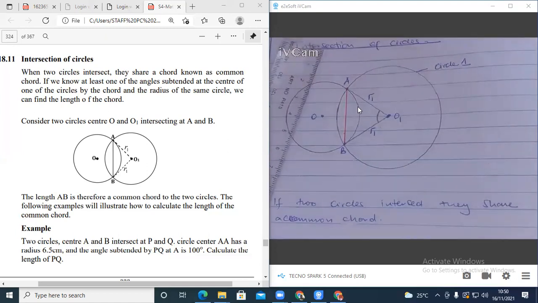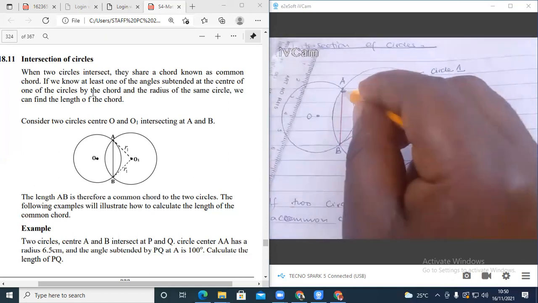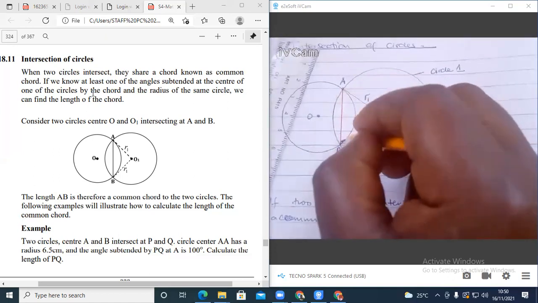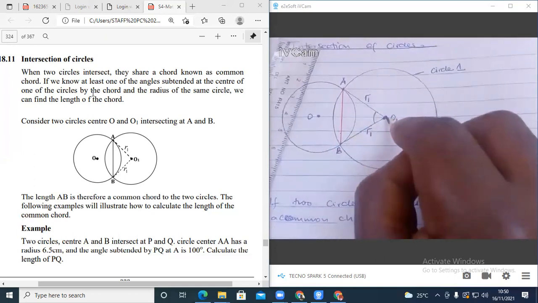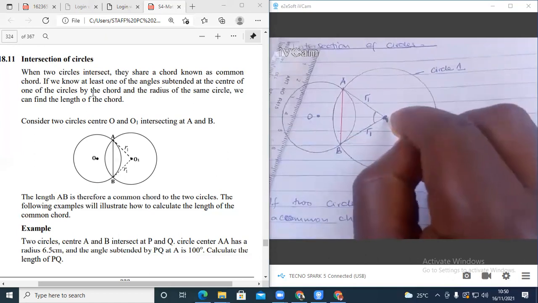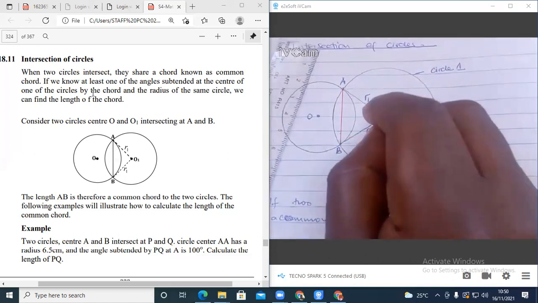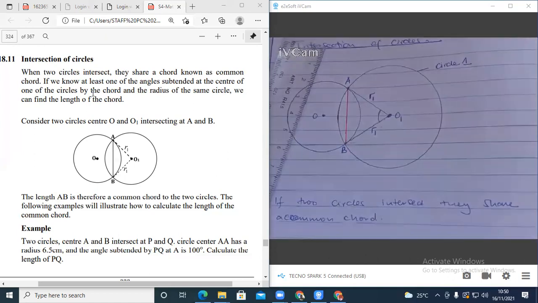So you're saying that if we know the angle subtended at the center of one of the circles by the chord, so you can see that this chord here, it subtends an angle at the center of this circle. So this angle here, the word subtends, maybe it may be difficult for you.